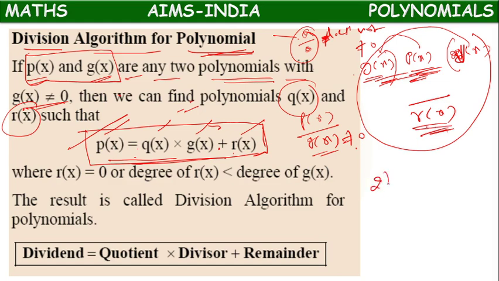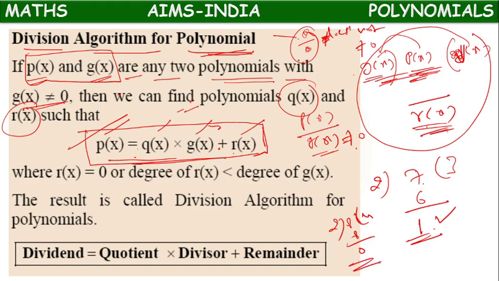If you divide 7 by 2, 2 threes are 6, so 1 will come as the remainder. If you keep 8 here instead of 7, 2 fours are 8, the remainder is 0.